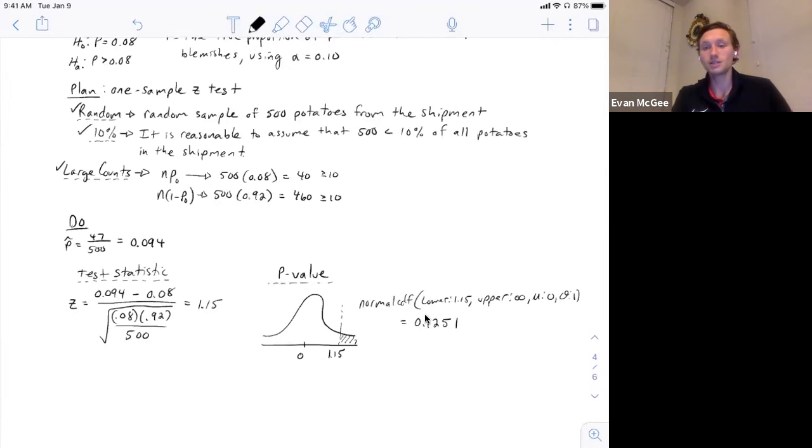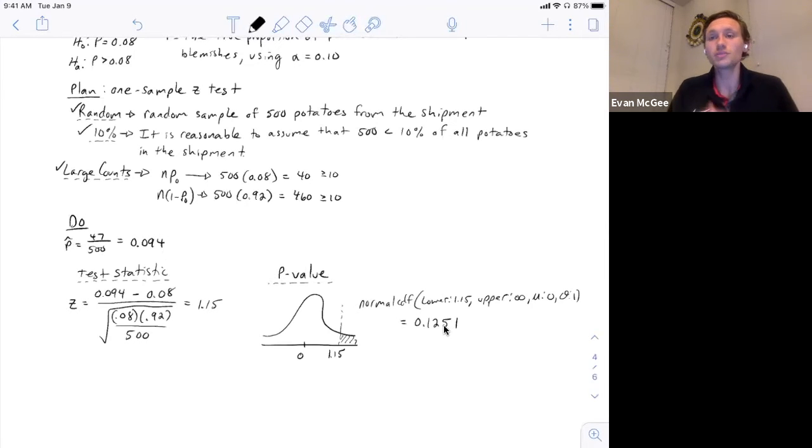And what this means in the context here is if there really is 8% blemished potatoes in this truck, if the null is true, then there is a 12.5% chance that we take a random sample of 500 potatoes and we get 47 out of 500 with blemishes, which means it's relatively likely that 12.5% occurs.